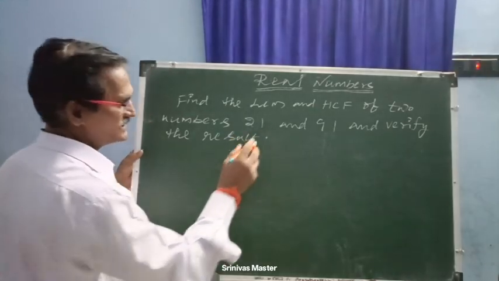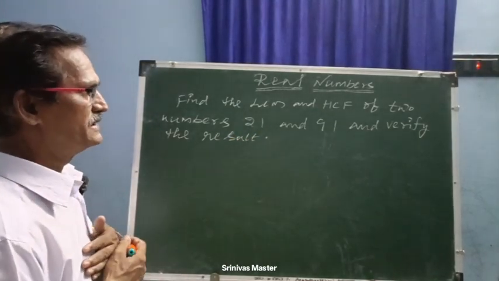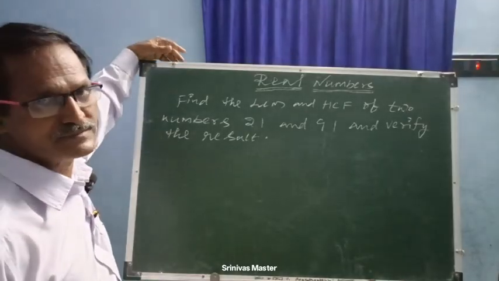So how to verify the result, and how to find the LCM and HCF of these two numbers?